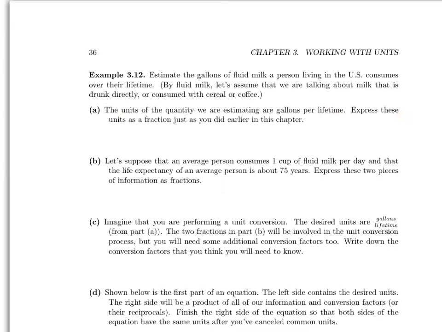Go ahead and express these units as a fraction, just as you did earlier in this chapter. So we want to write gallons per lifetime as a fraction. We've done that before. We write gallons over lifetime. Okay, that's what it is that we're trying to estimate.